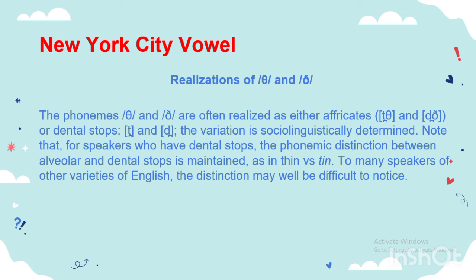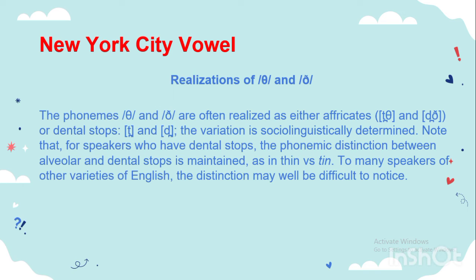Realization of TH and DH. The phonemes theta and eth are often realized as either affricates, or dental stops T and D. The variation is sociolinguistically determined.